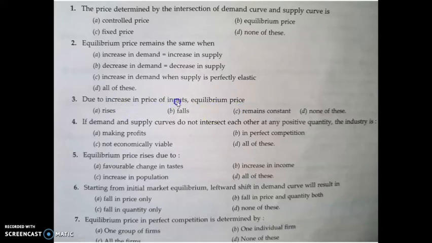Due to increase in price of input, that is a shift in supply curve other than price, equilibrium price rises, because there is a leftward shift in supply curve. So the equilibrium price will rise with the same demand curve.